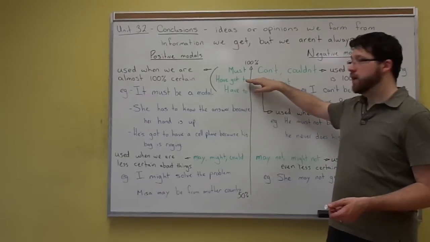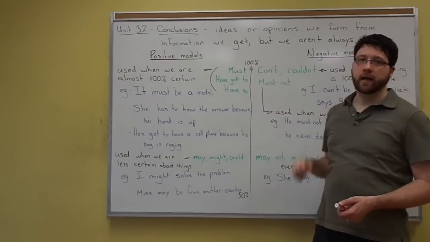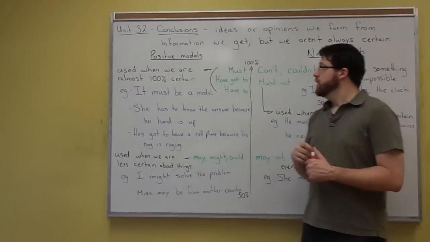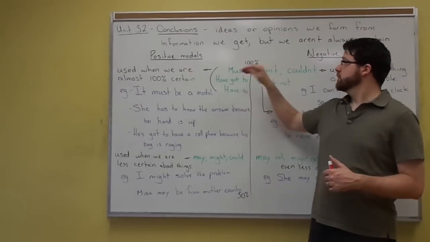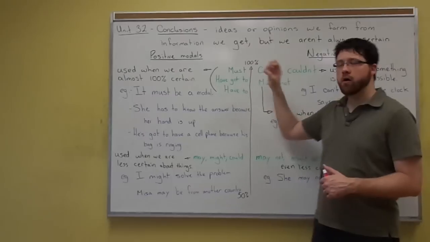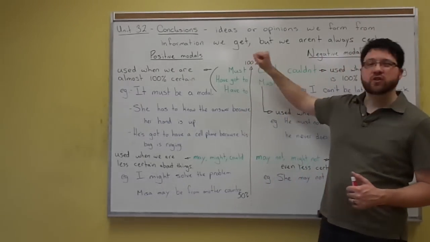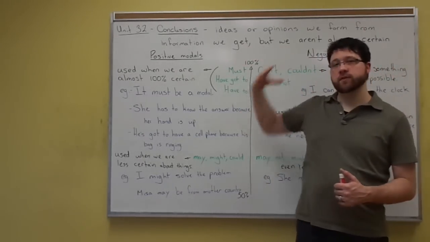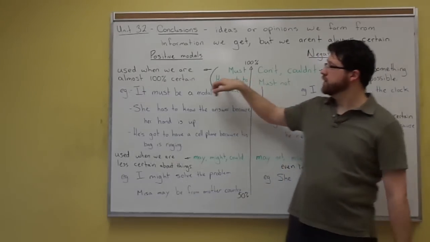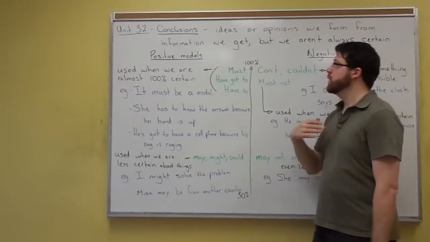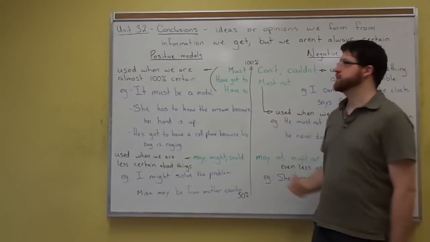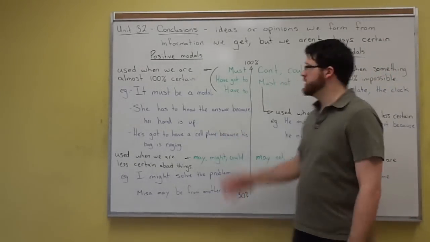Must, have got to, and have to. Now, these go in order, but they are all very close. They're all just about the same amount of certainty. And you can see we use them when we are almost 100% certain. For example, must.